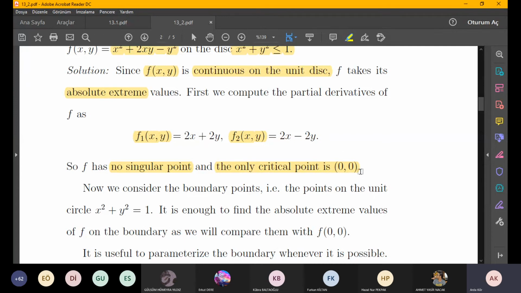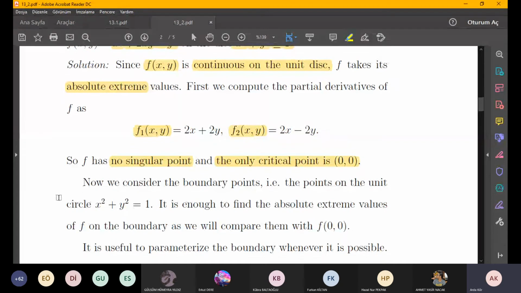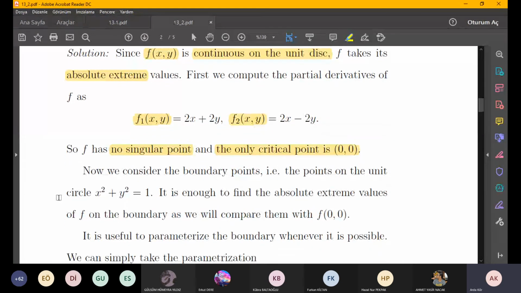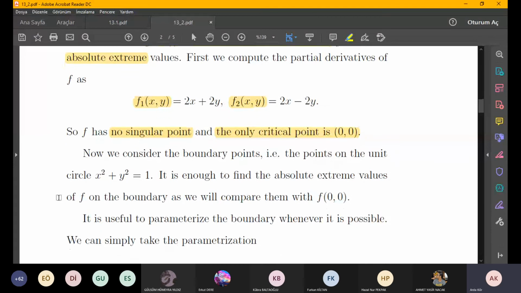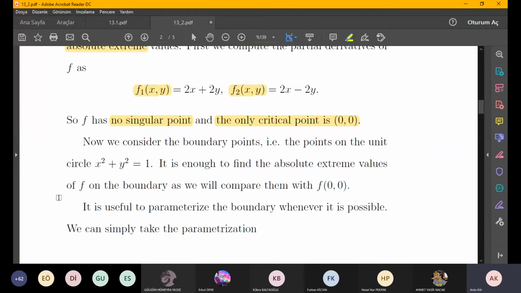So that means (0,0), the origin, is the critical point of our function f. And now we will consider the boundary points of the restricted domain, which are the points on the circle.